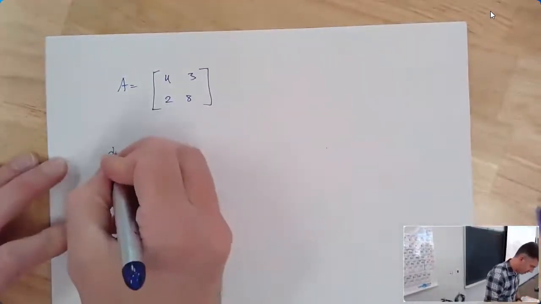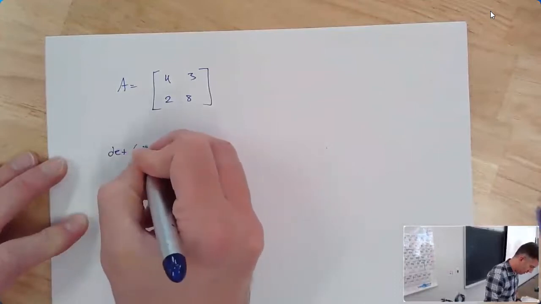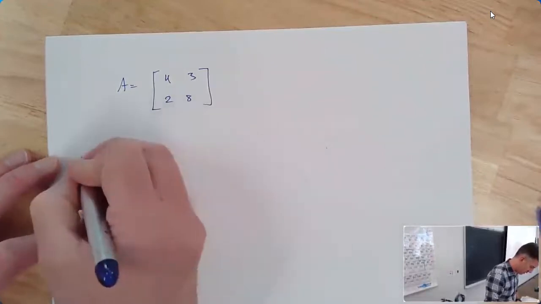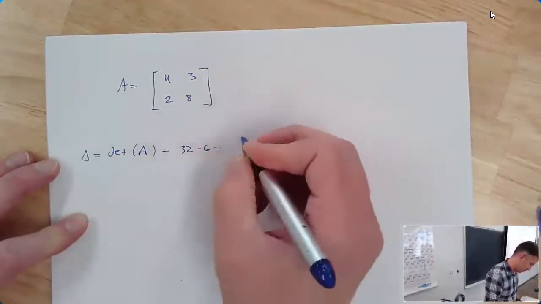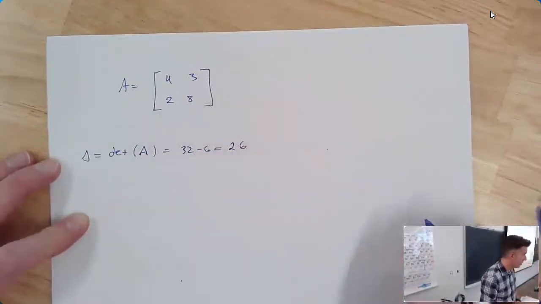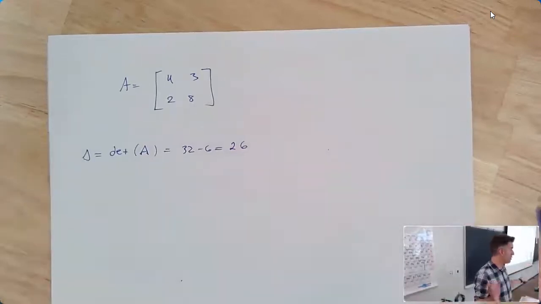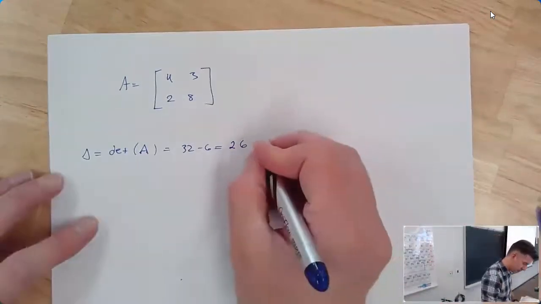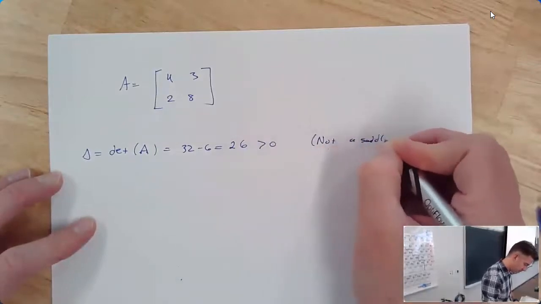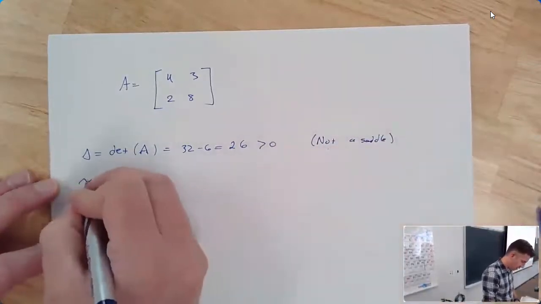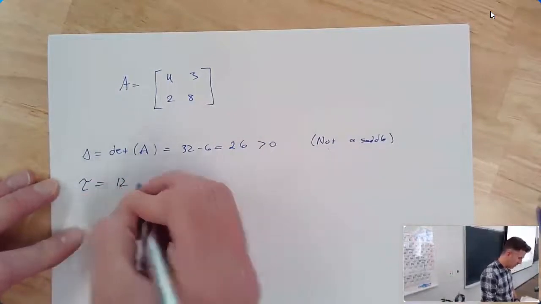So my determinant of A, which we usually write as delta, is going to be 32 minus 6, which is 26, which is positive. So we know it's not a saddle. Greater than 0, not a saddle. And then my trace is 4 plus 8, which is 12.